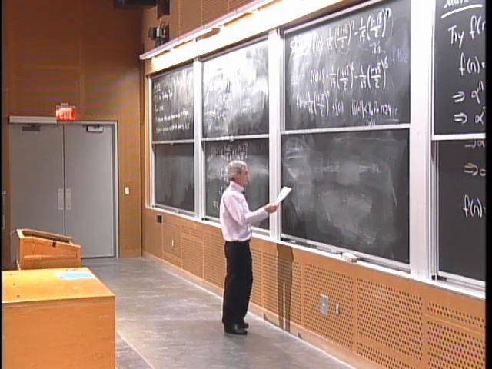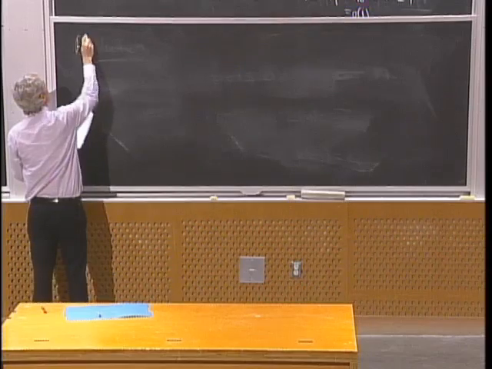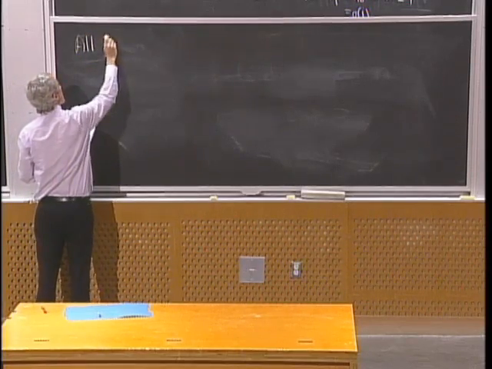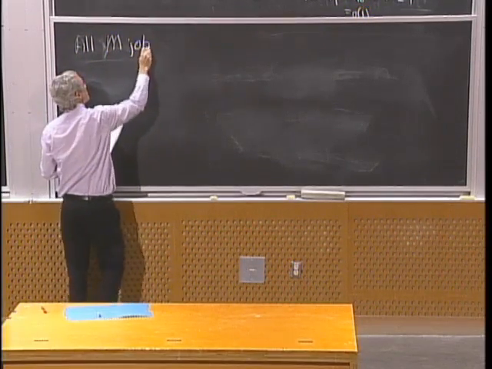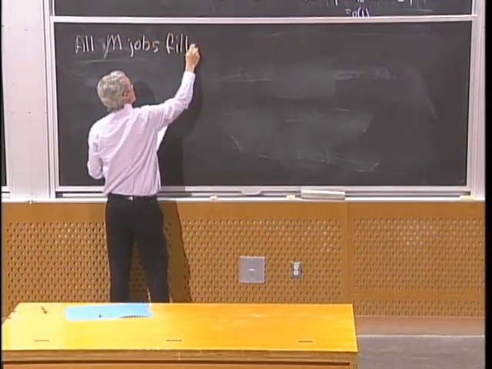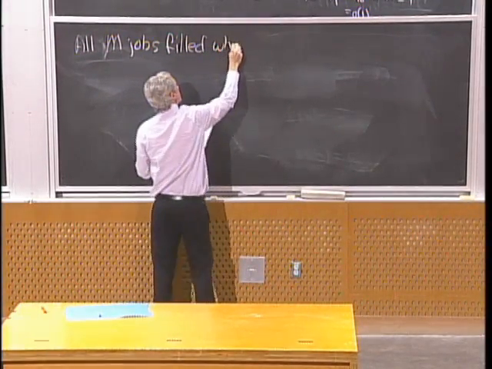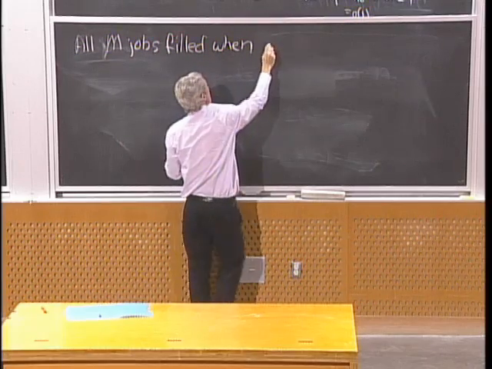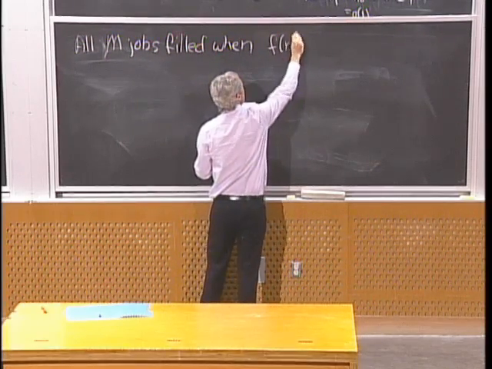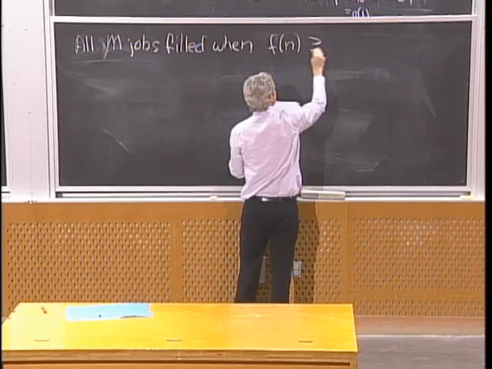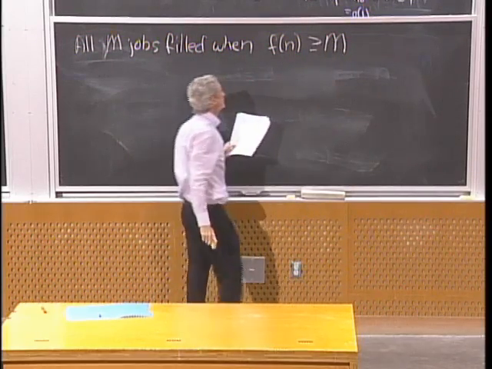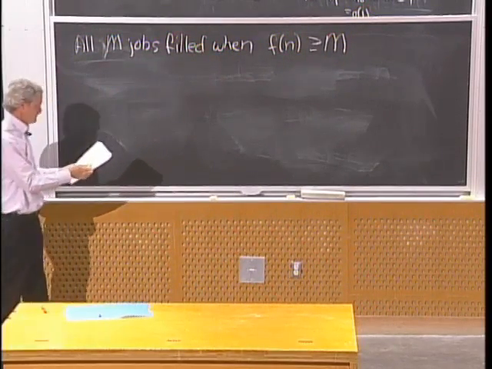To see when all the m jobs are filled, we need the n for which f of n is bigger than or equal to m, when we get a Fibonacci number that's bigger than m.